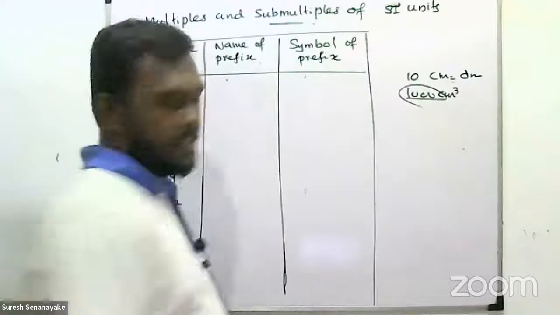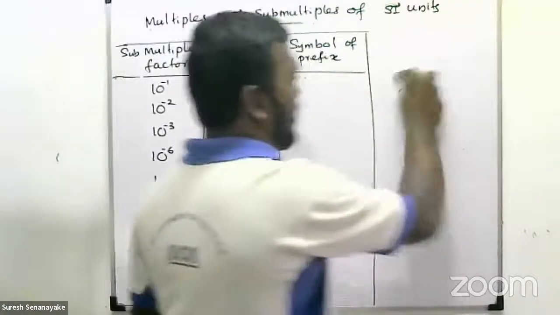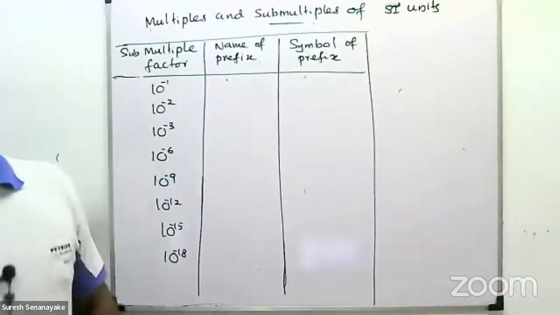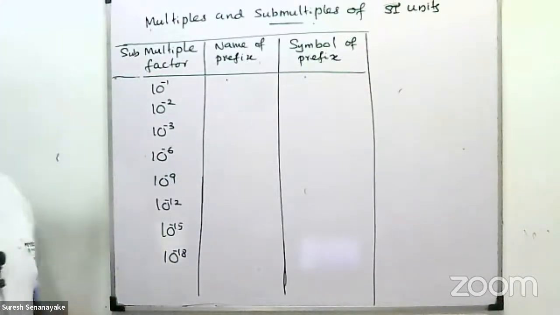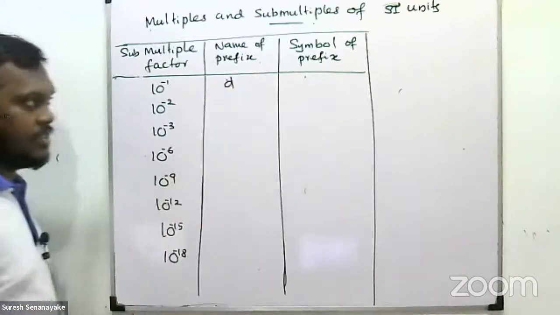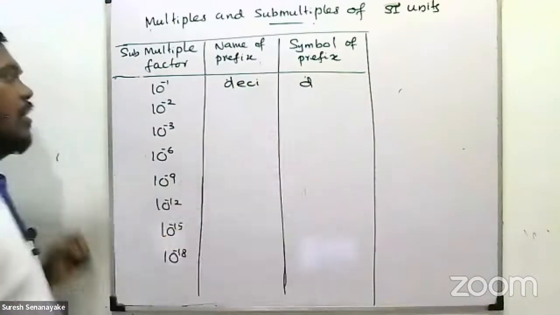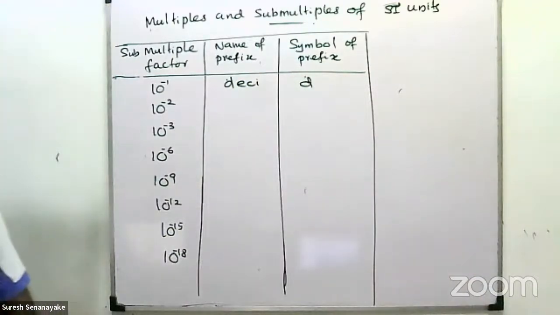That means 1 liter. 1 cubic decimeter is 1 liter. So it is simple d we use. That is deci. And then the next minus power is called centi. You know that is centi, right?